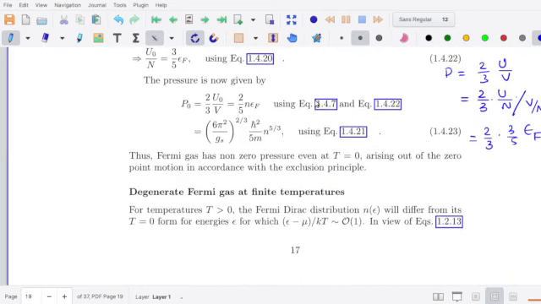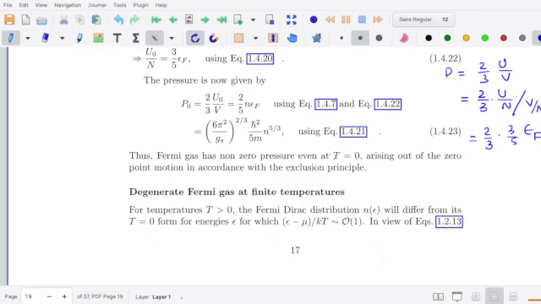So substituting that over here, we will end up with the final expression for pressure in terms of the number density: (6π²/g_s)^(2/3) ħ²/(5m) n^(5/3). So the Fermi gas has non-zero pressure even at absolute zero, and this arises out of the zero point motion.